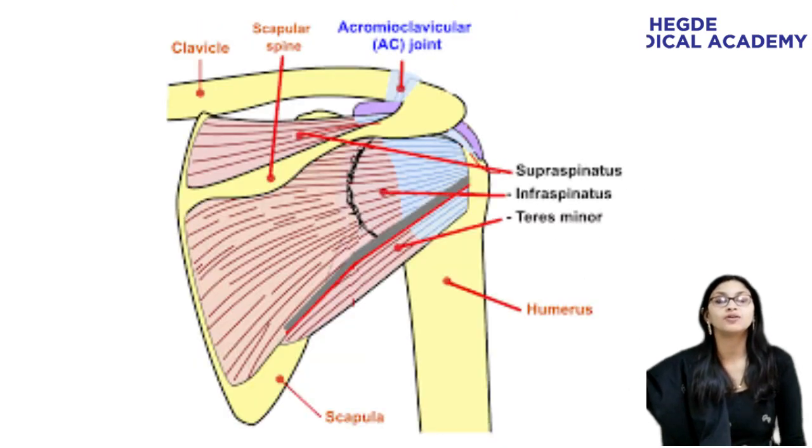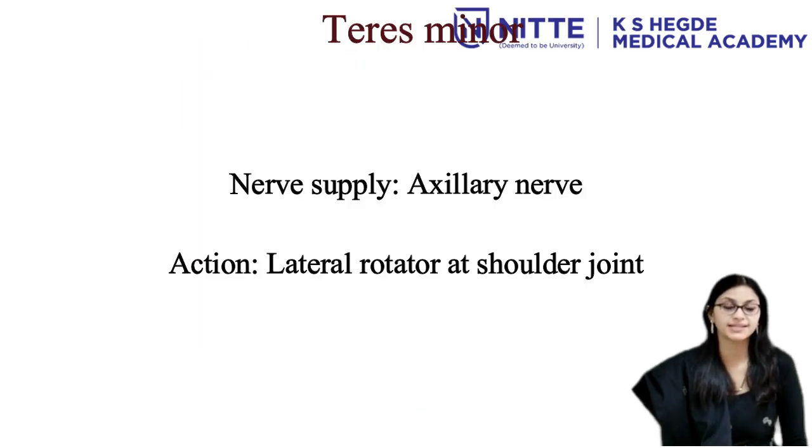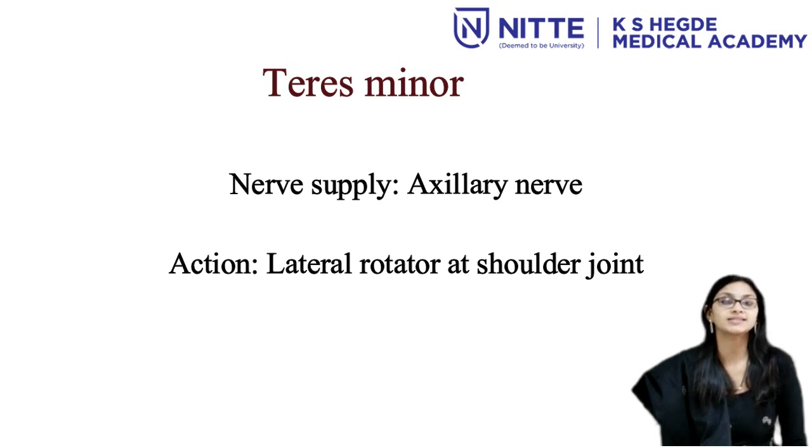So, on the greater tubercle, there are 3 flattened impressions. The upper one receives the insertion of supraspinatus, the middle impression receives the infraspinatus, and the lowest impression receives the teres minor muscle. Nerve supply of teres minor is the axillary nerve, and it acts as a lateral rotator of the shoulder joint.